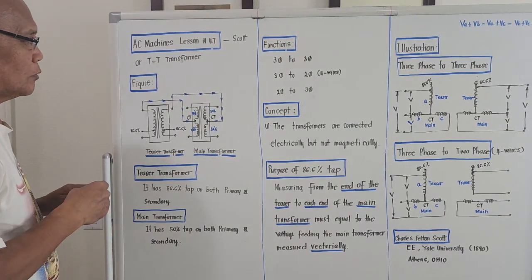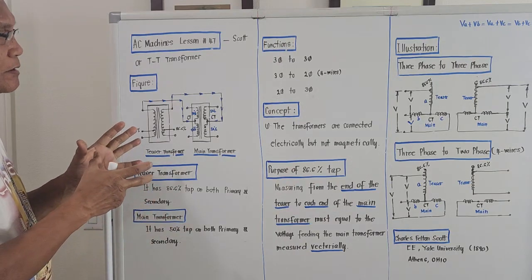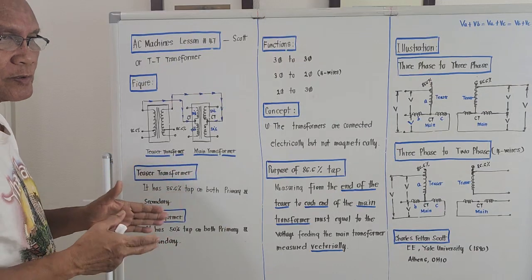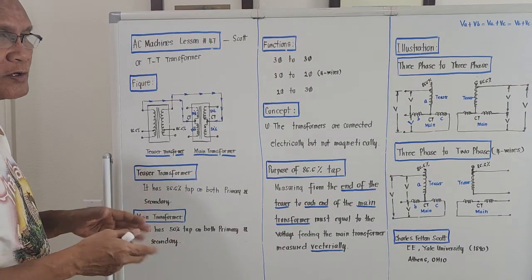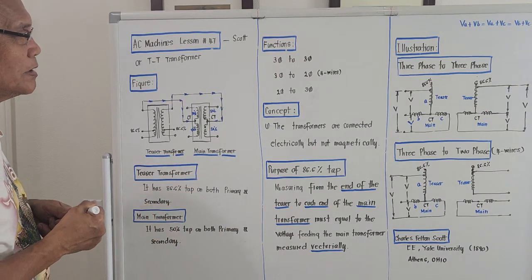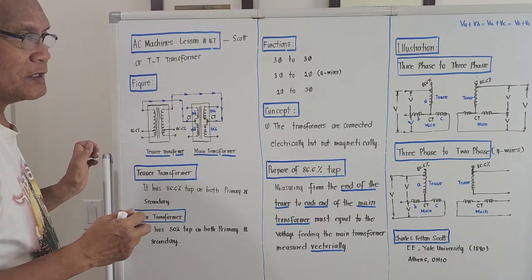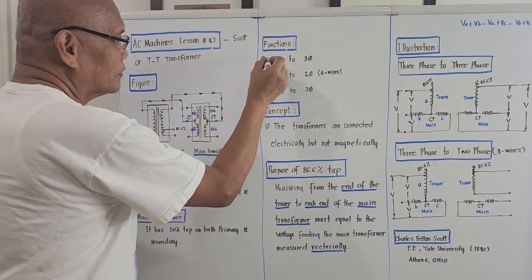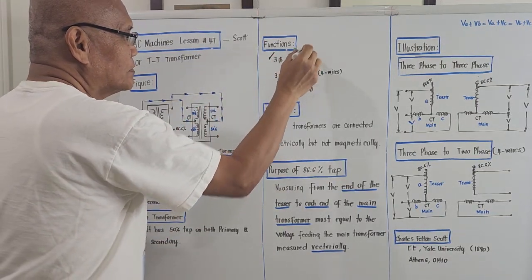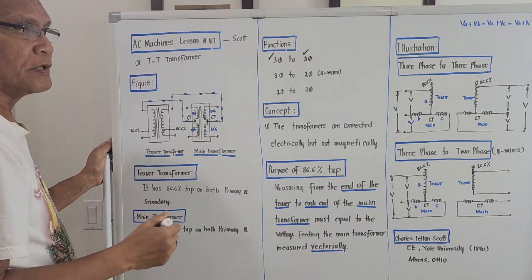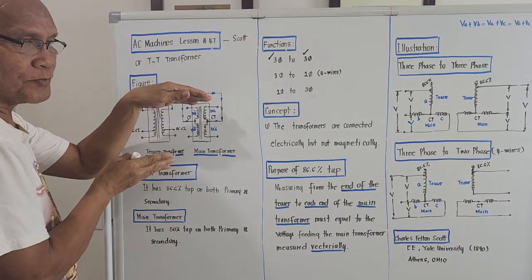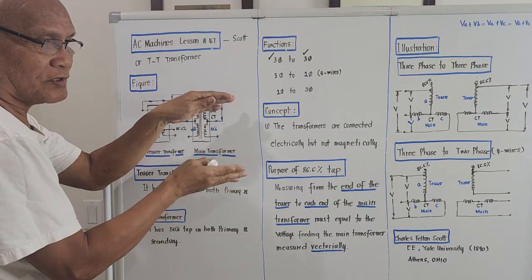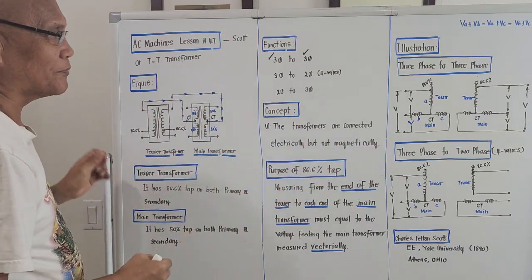Why are we discussing another variation of connection of a transformer? This is another application. The main function of a TT transformer is the conversion from three-phase to three-phase, meaning the primary connection is three-phase and the secondary connection is three-phase.